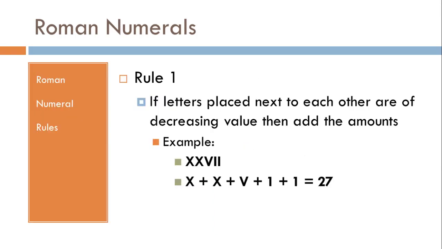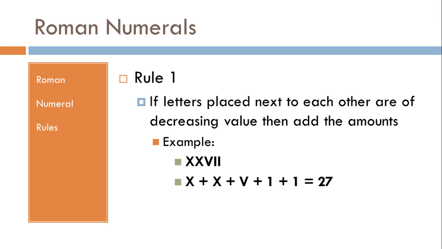So let's look at the rules for why IV and IX mean 4 and 9. Well, we'll start with rule number 1. If the letters placed next to each other are of decreasing value, then add the amounts. So right here I have XXVII. Why did I choose that number? Because I'm a Dallas Cowboys fan, and Super Bowl 27 was one of my favorite Super Bowls when we just thrashed the Buffalo Bills.